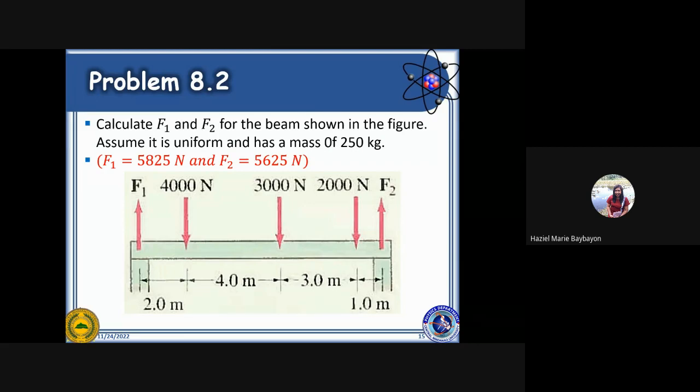Okay, so how do we do this? So as you can see, this beam is supported.